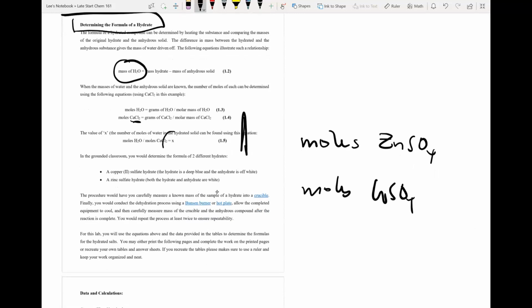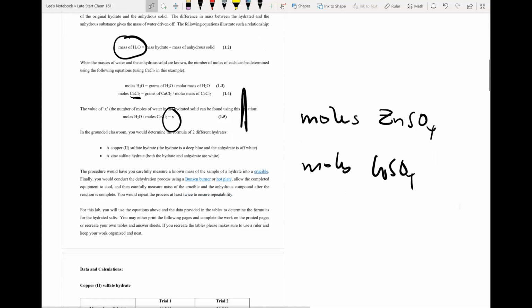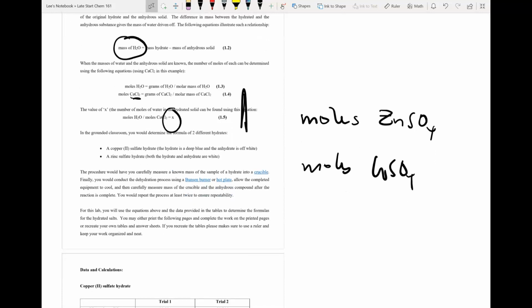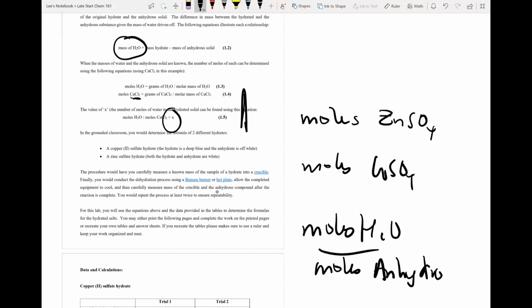Then it's a pretty simple process to get your X, your number of moles of water for every mole of your compound. You just take your moles of water and divide it by the moles of your anhydrous compound, which you just calculated. We're going to do that a total of 4 times: 2 times for the zinc sulfate and 2 times for the copper sulfate.